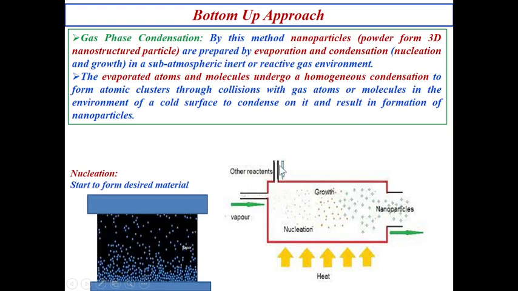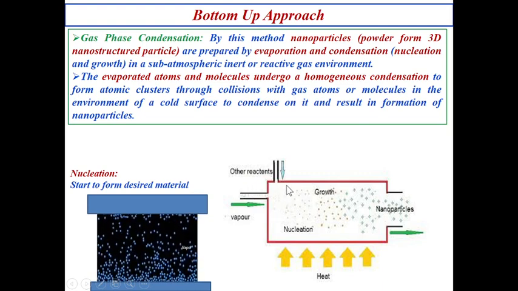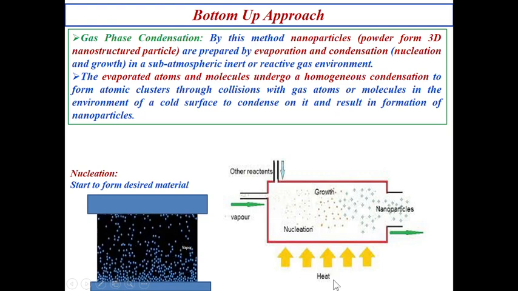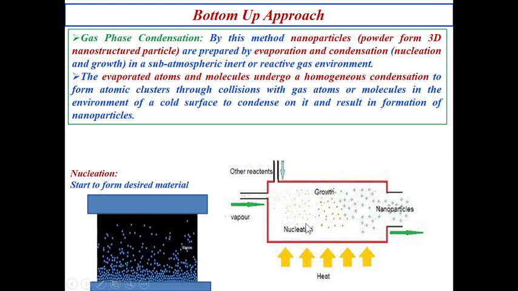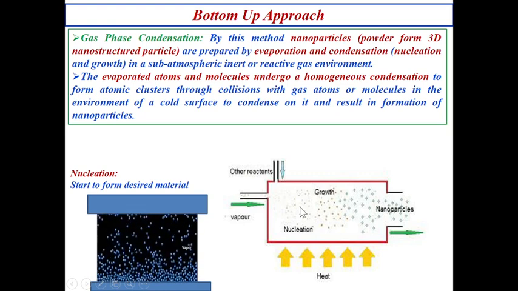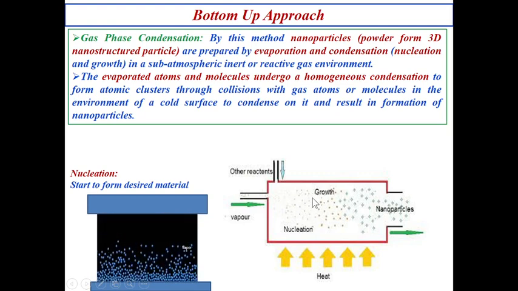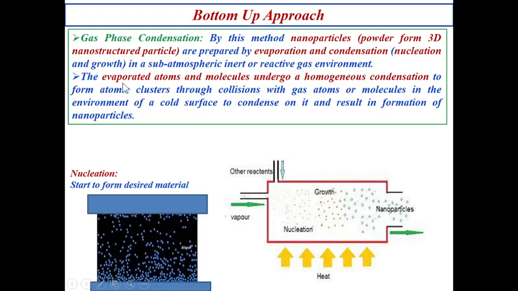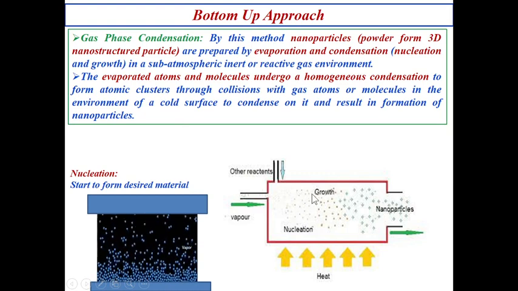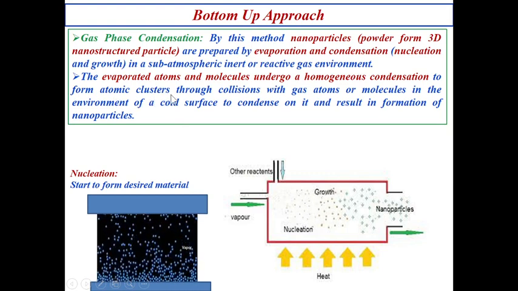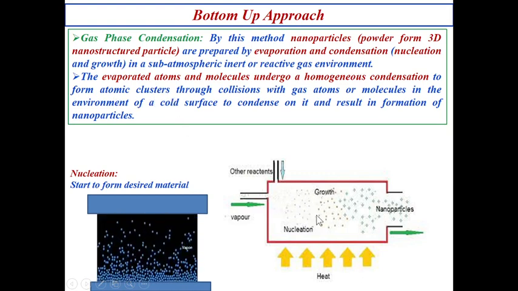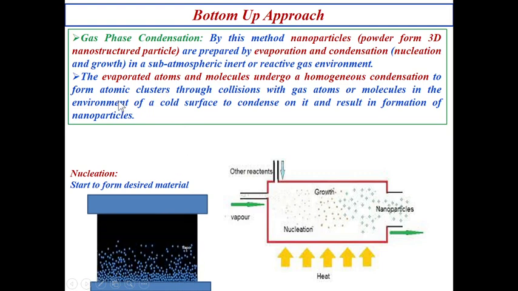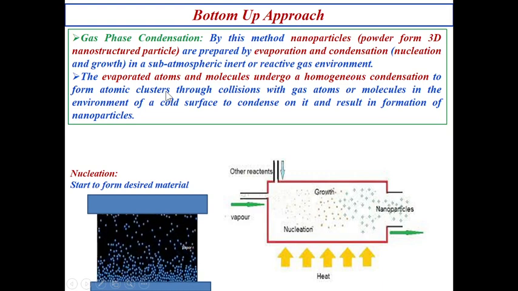So when the raw material is evaporated with the help of vapor and heat, then those atoms and molecules go for homogeneous condensation in the form of atomic clusters. That means they form some atomic clusters in the evaporated stage.